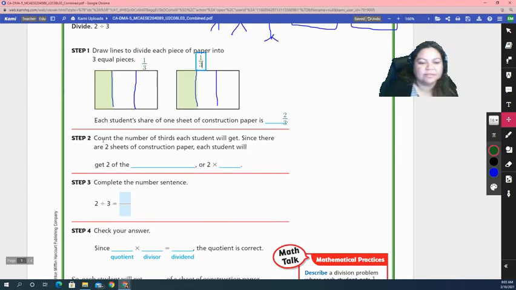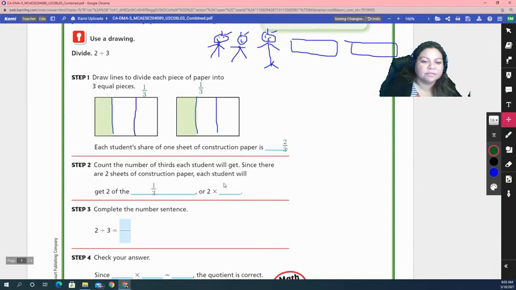Before we do that, let's look at step 2. Count the number of thirds each student will get. Since there are 2 sheets of construction paper, each student will get 2 of the 1/3 pieces, right? Or 2 times a third. So we can relate that as multiplication, 2 times 1/3, because that's what I did here.